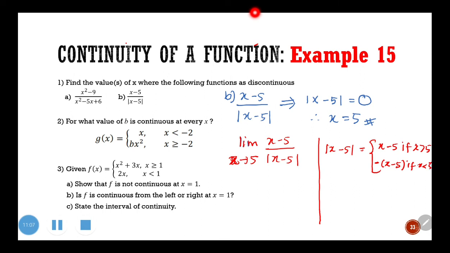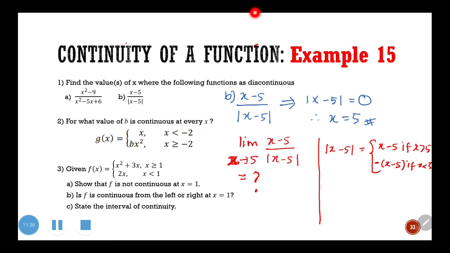Alright, so for this one, I want to give you extra. I want you to solve it. Try to find the limit when x is approaching 5 for x minus 5 over modulus of x minus 5. I want everybody to try and solve this, whether the limit exists or not, and if it exists, then what is the value.